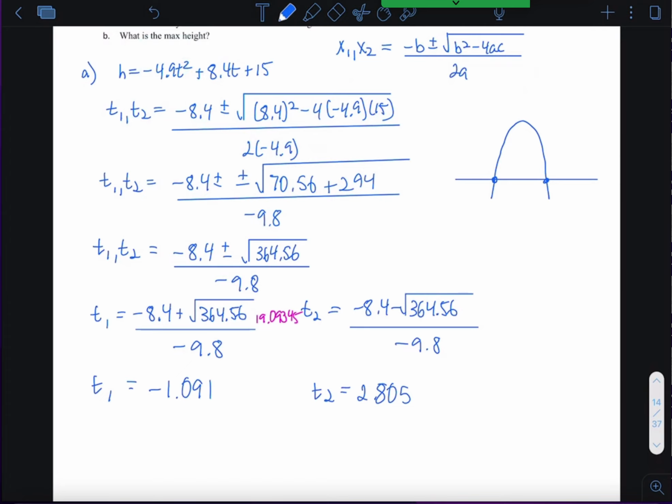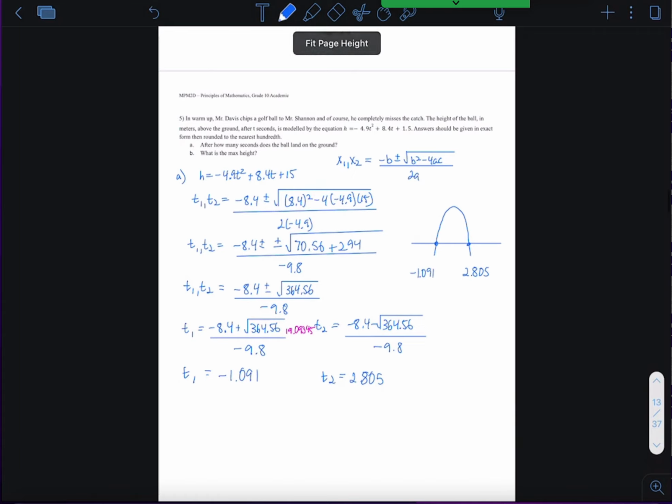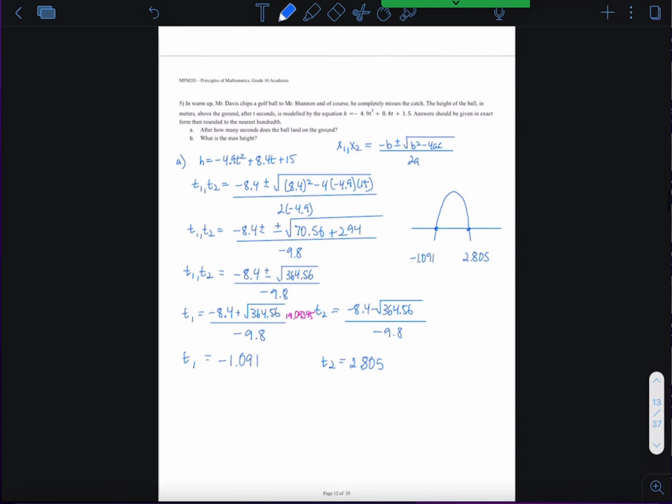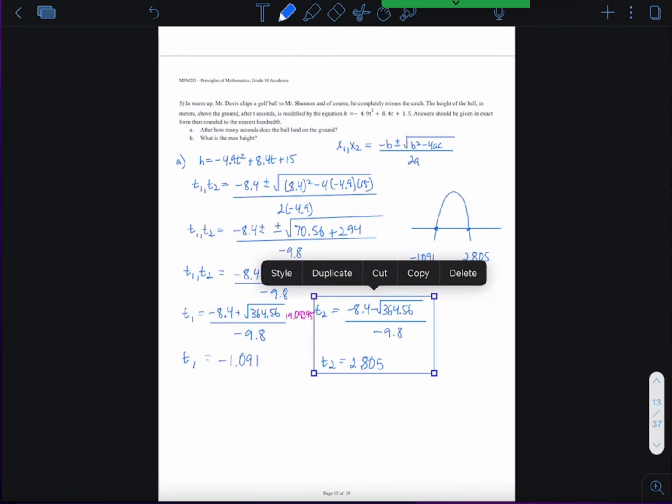So this lower number is negative 1.091. The higher number is 2.805. So I know t equals 0 somewhere in there. And the ball lands on the ground at these two answers. Okay?